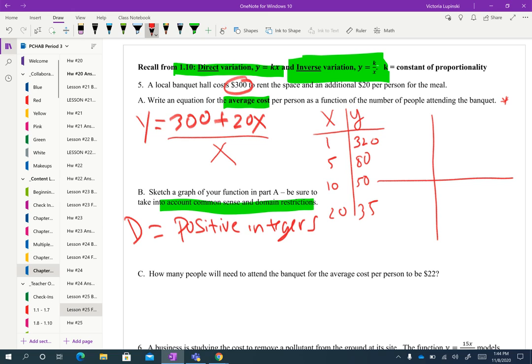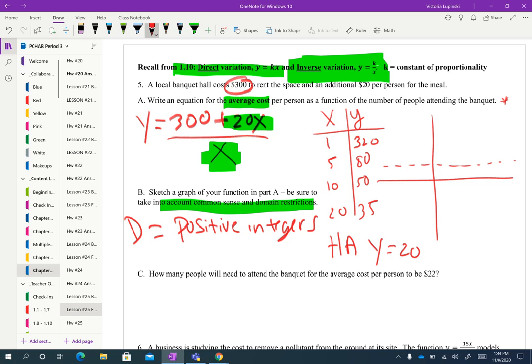Well, what happens if you have 1,000 people versus 5,000 people versus 10,000 people? Is there eventually going to be a point where it's not going to matter and everybody's going to be paying the same amount? Well, yeah. Keep in mind, this is still a rational function. Look at the degree of the numerator and the denominator. At a certain point, you're going to approach the horizontal asymptote, which based on everything we've learned should exist at $20.